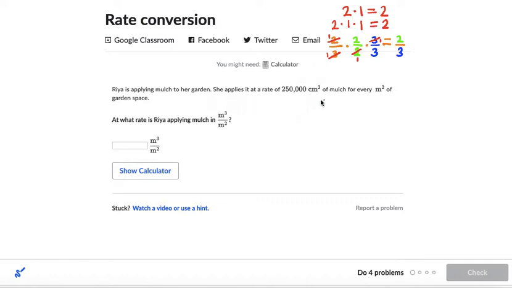One of the things that I'm going to do here is break this up into separate parts. So Ria here, she's applying mulch at a rate of 250,000 centimeters cubed per meter squared of garden space.